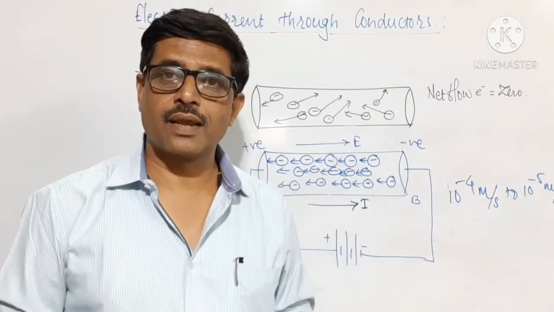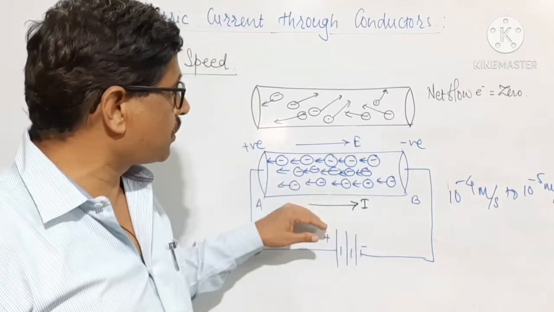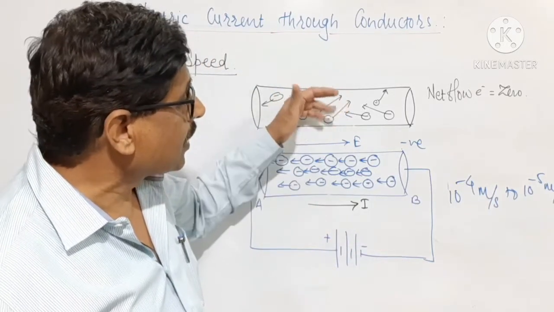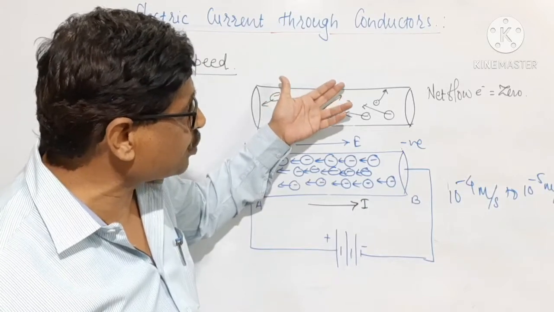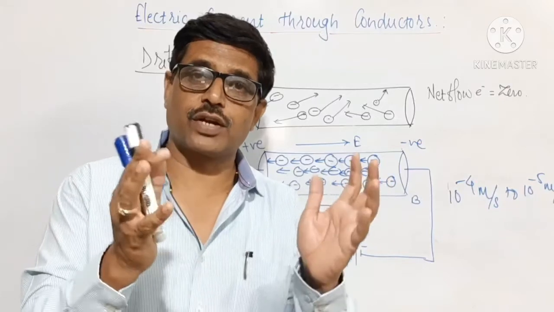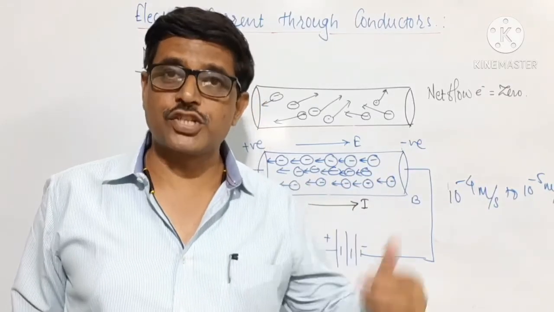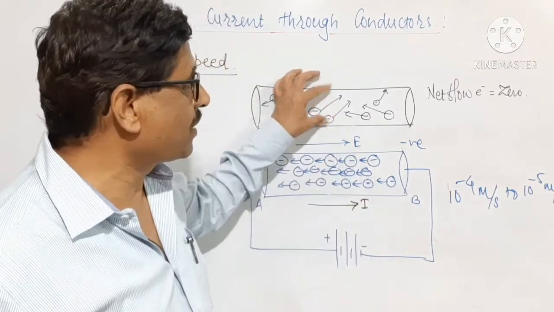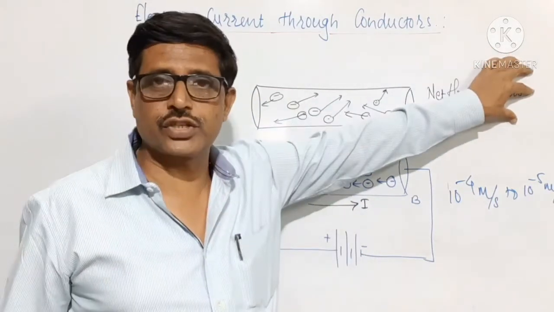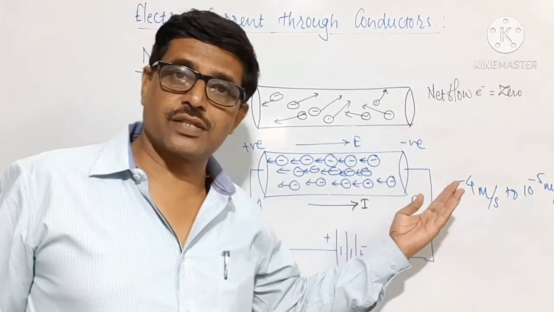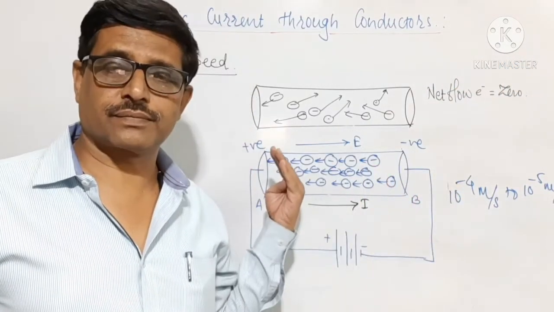Actually, when free electrons are not in any electric field, in the absence of an external source, they move with a greater speed of the order of 10 to the power of plus 6 meter per second. But there the motion is random and therefore the net flow of electrons is equal to 0. Here the motion is unidirectional.